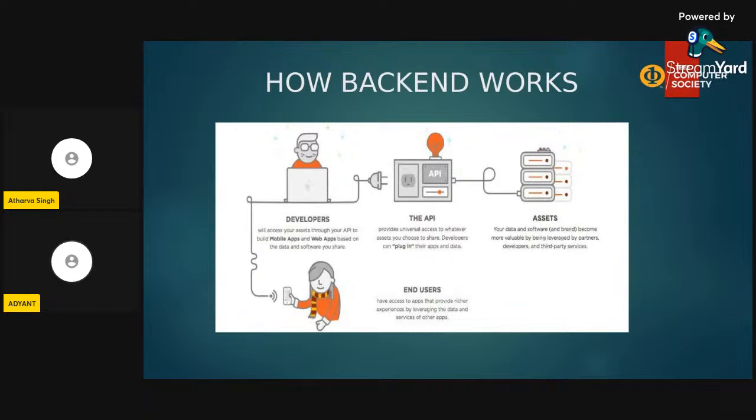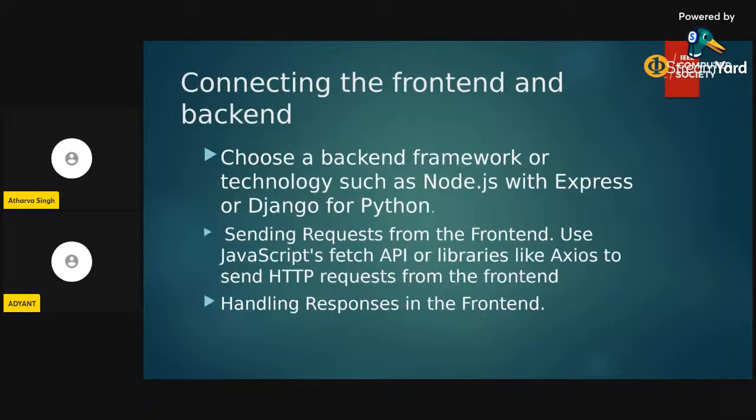One major aspect which you all can see here is API. I will explain API in the upcoming minutes. Now comes one of the main aspects, connecting the backend and the front end development.